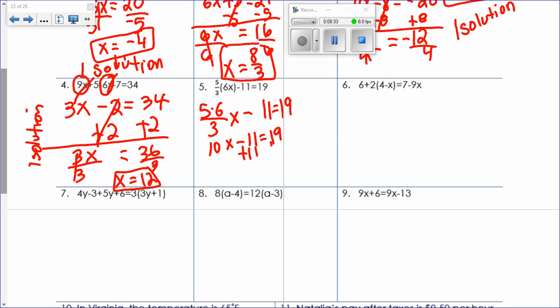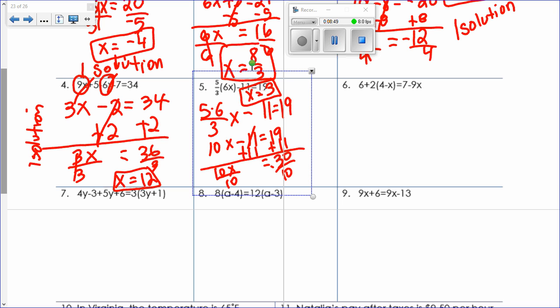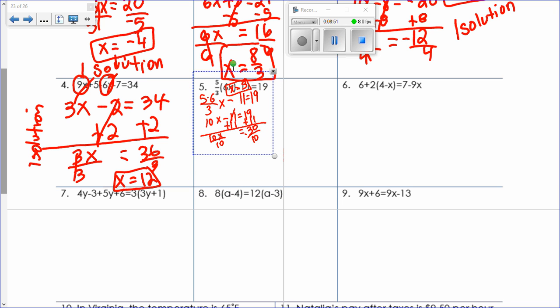Add 11 to both sides. I get 10x equals 30. Now you divide both sides by 10, and x ends up equaling 3. And there is one solution.